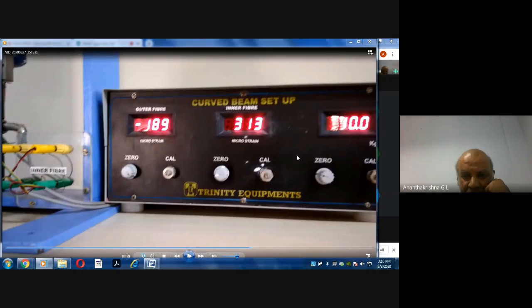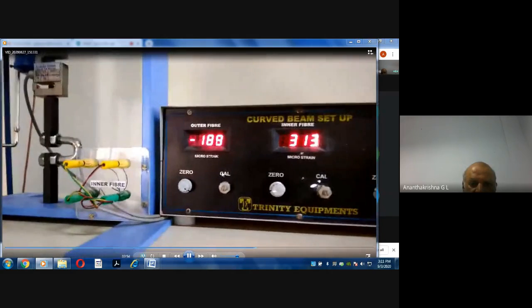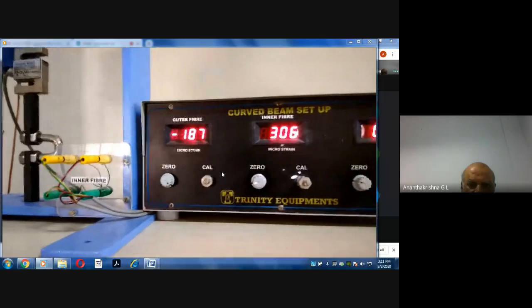For 10 kgs, it is 313 microstrain at inner fiber and minus 189 at outer fiber, around minus 187 to 190.